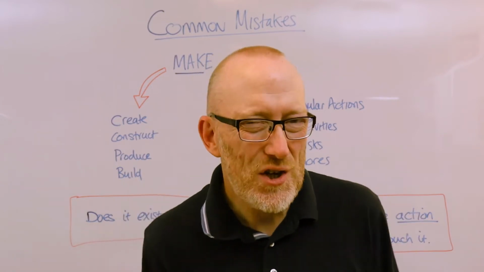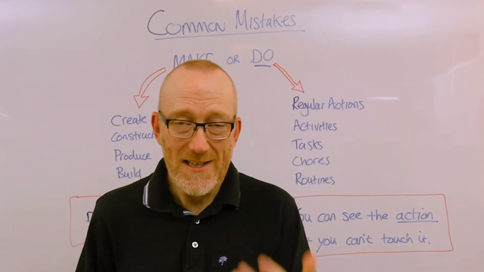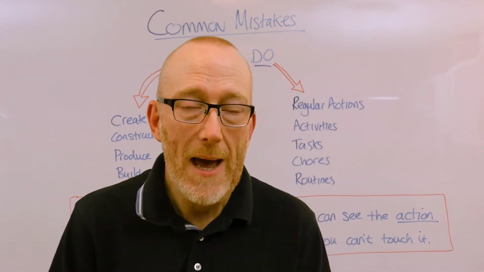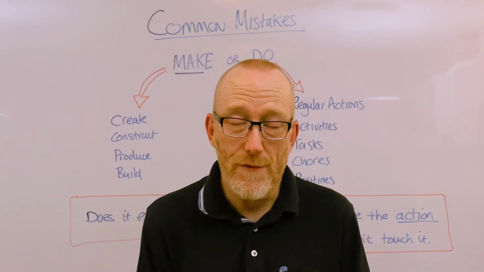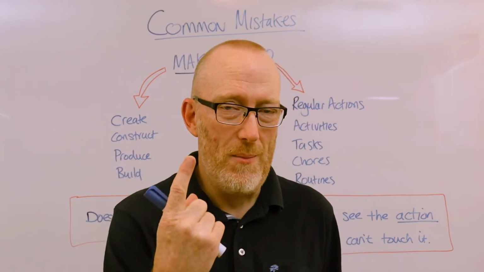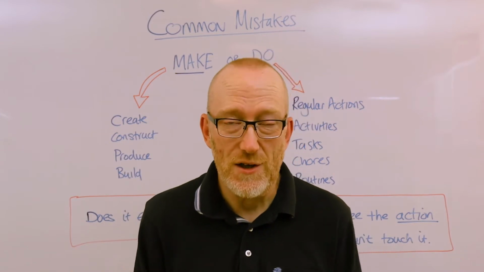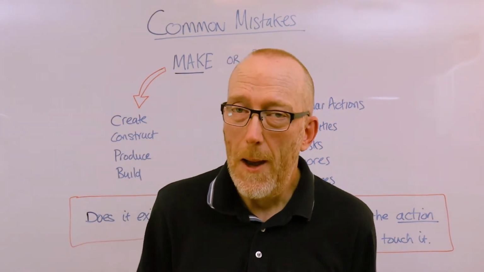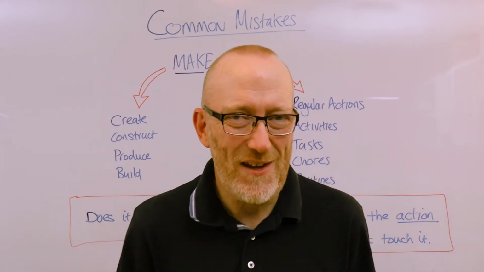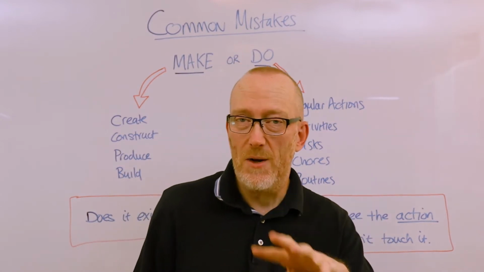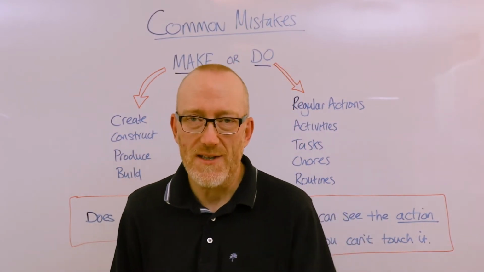In English we have two, and native English speakers know these two verbs automatically, but it can be very difficult to understand the difference if in your own language you only have one verb for these two different types of actions. Okay. So make and do are difficult, but there's a couple of ways that you can start to think about them to try and make them a little bit easier for you to understand.